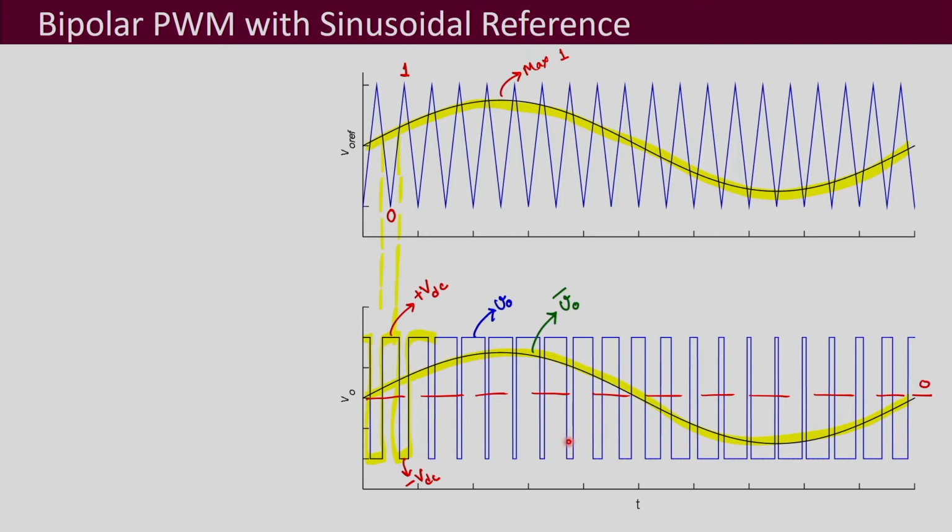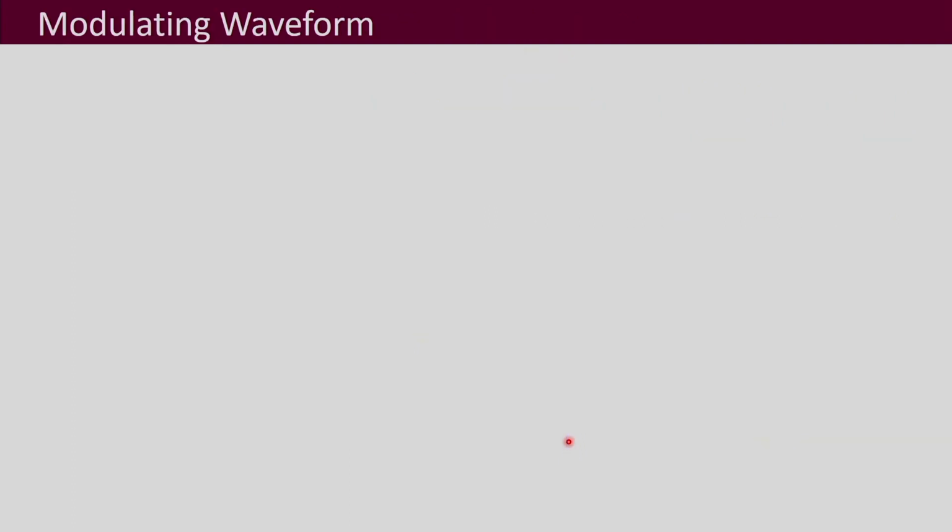Now, next let us see how to obtain the reference waveform. How do you obtain the equation for it? For that, let us consider only one switching time period Ts.